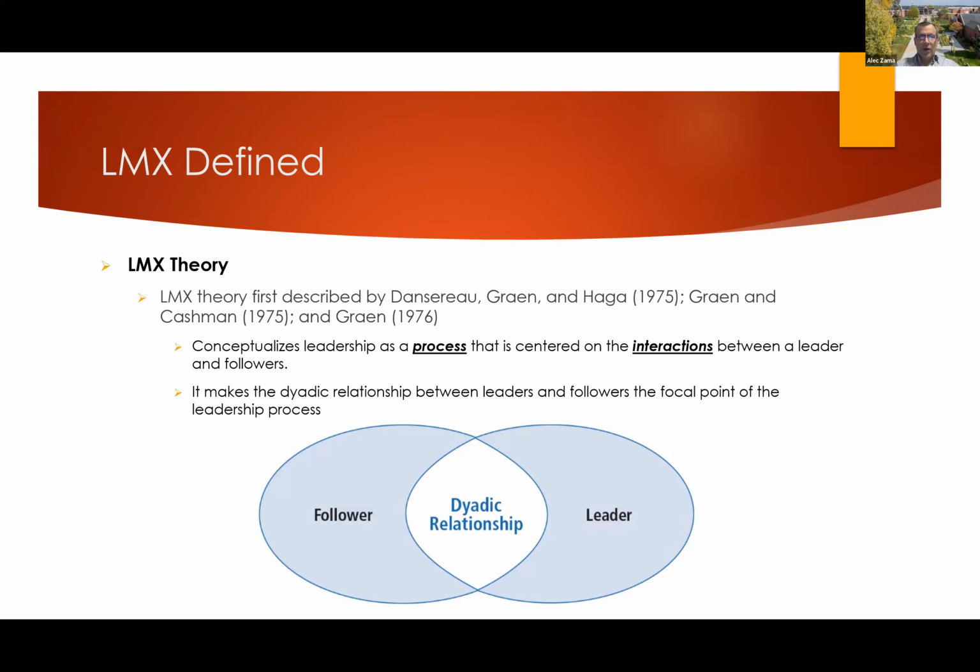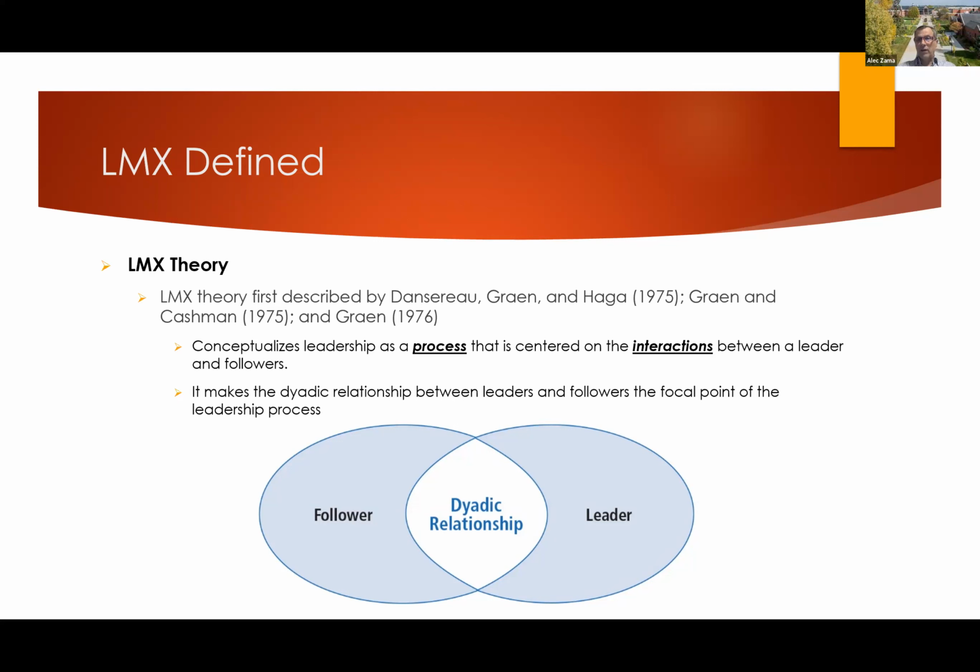Leader-member exchange theory was first proposed in the 1970s by a group of researchers, among whom were Dansereau, Graen, and colleagues. This was among the first theories of leadership that conceptualized leadership from the process or relationship perspective.